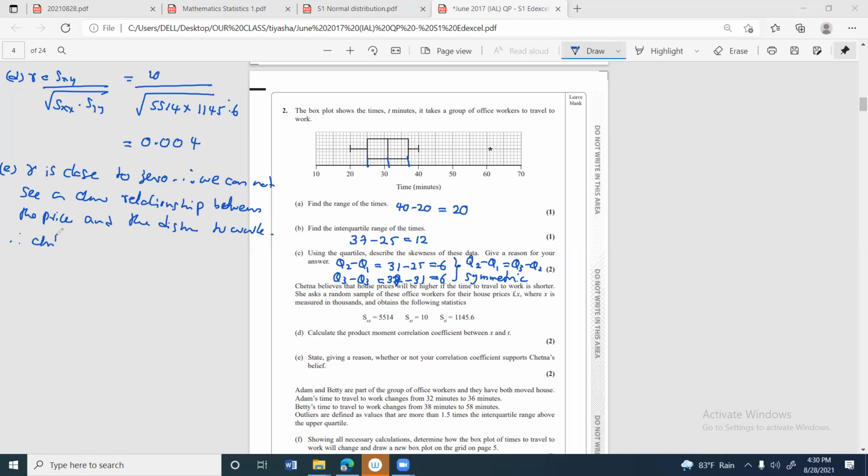Therefore, Chetna's belief is not valid. Not valid. That's what we need to write for this question.